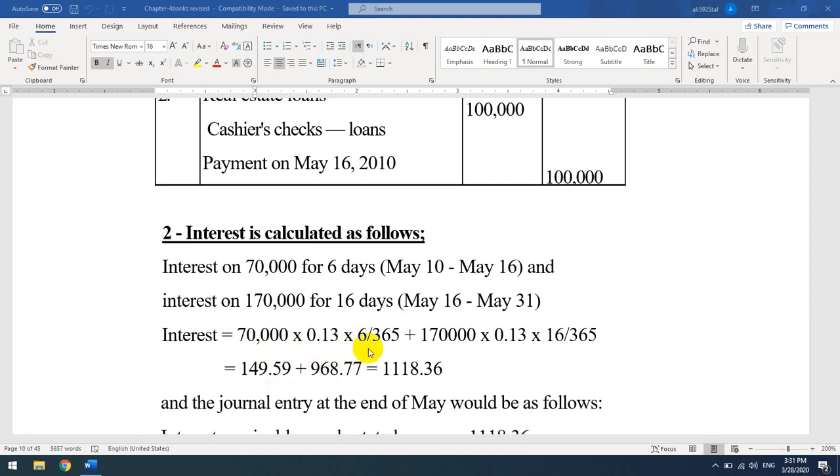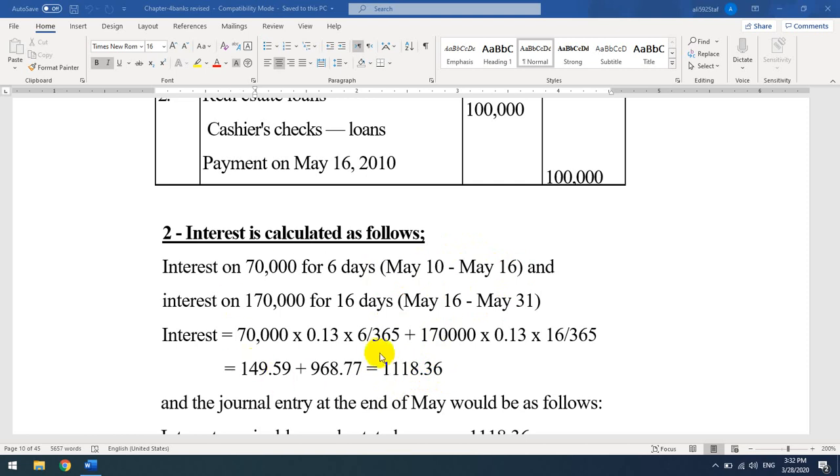The second amount gives you the result 968.77. Total interest on the real estate loan during the month of May is going to be equal to 1,118.36.